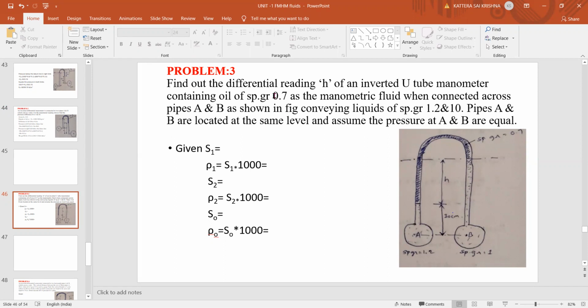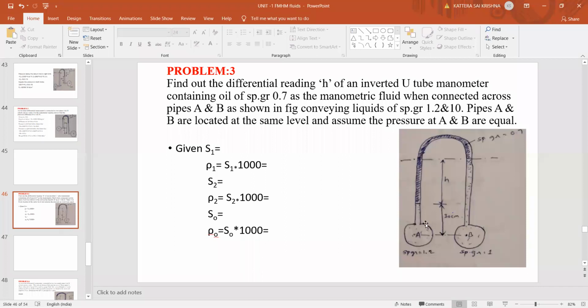Find out the differential reading H. He is asking to find this H value, the differential reading of an inverted U-tube manometer containing oil of specific gravity 0.7 as the manometric fluid, when connected across pipes A and B as shown in the figure, conveying liquids of specific gravity 1.2 and 1.